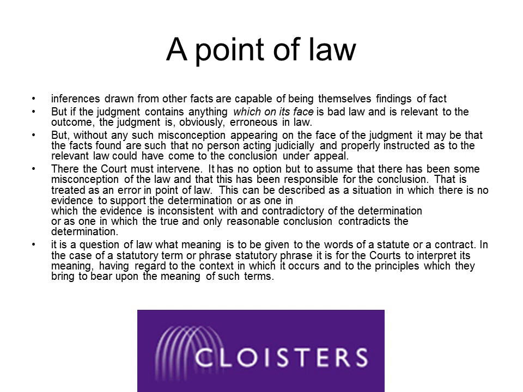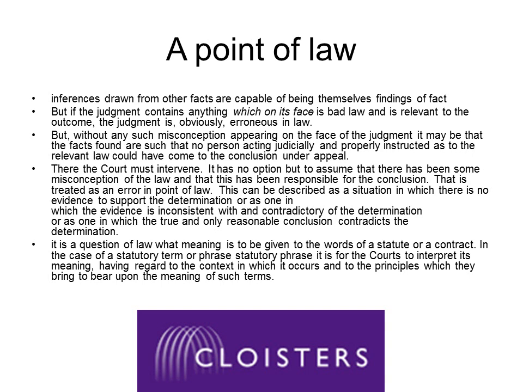What you need to do, however, is look at how difficult to satisfy the test is when you want to appeal on the basis that a judge has apparently applied the right law but made a complete mess of the facts. Now, what you have to be able to show is that the facts found are such that no person acting judicially and properly instructed on the relevant law could have reached the conclusion that the judge did.